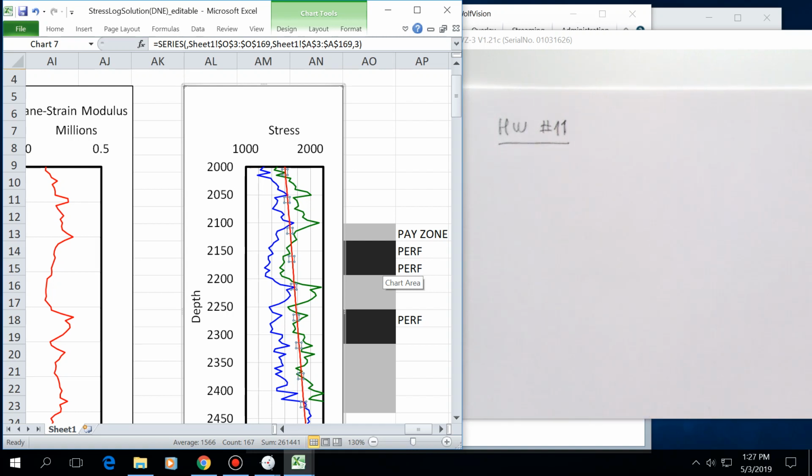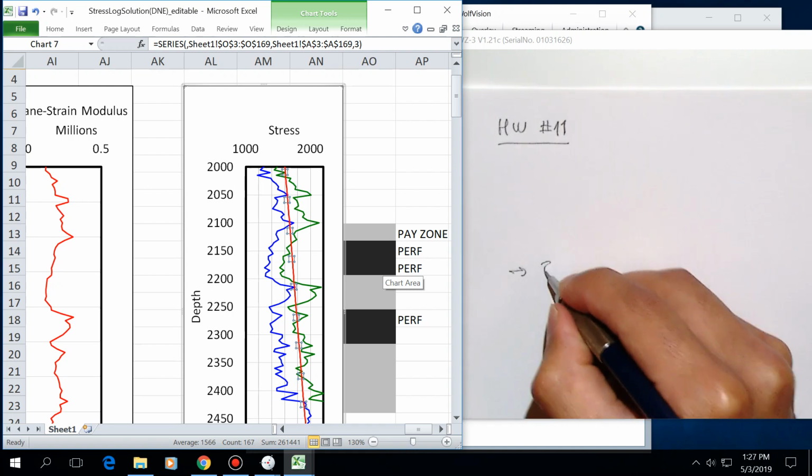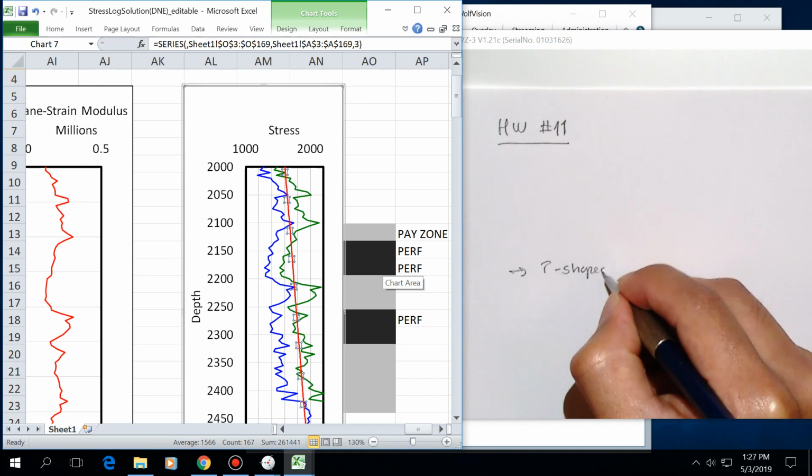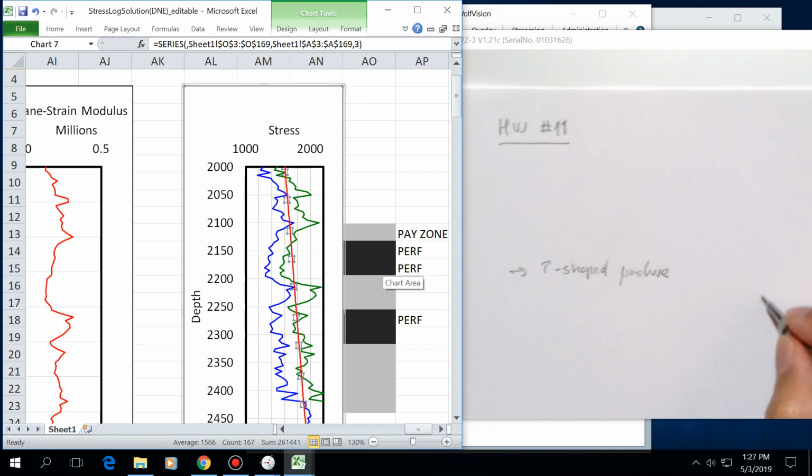SV. SV. So in that case, that is what is called a T-shaped fracture. And this is a side view.